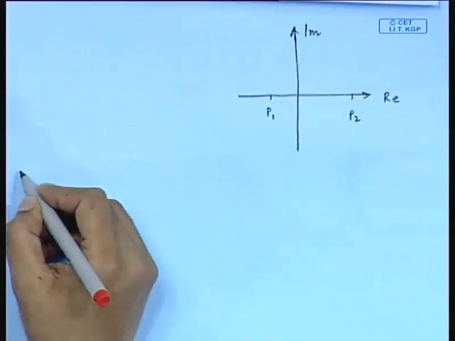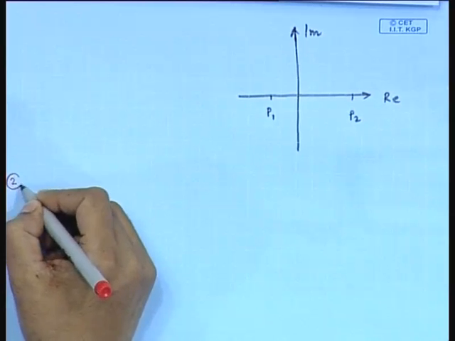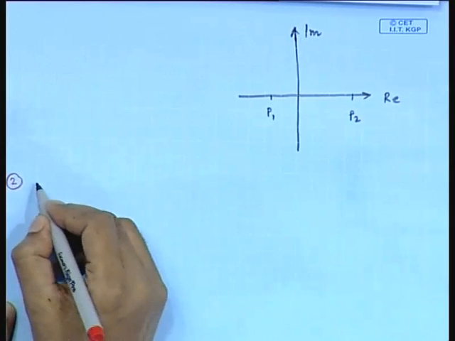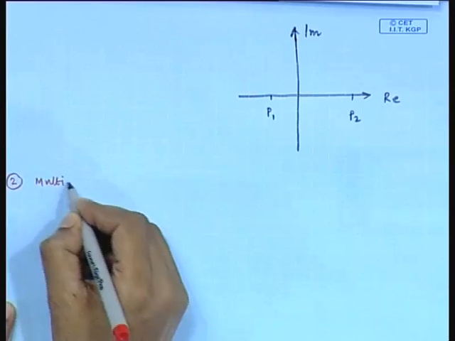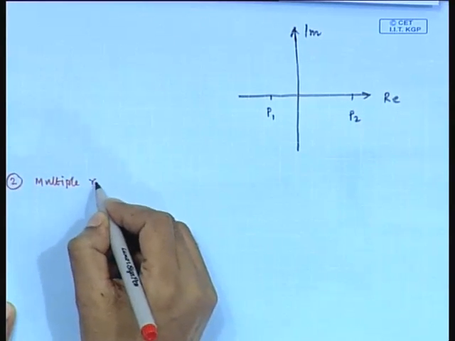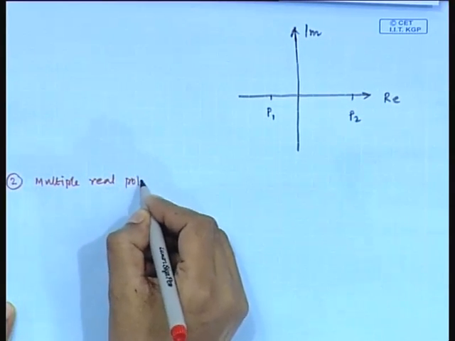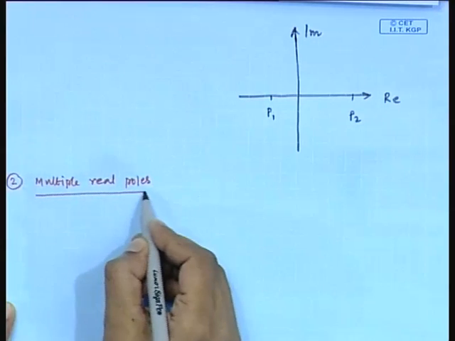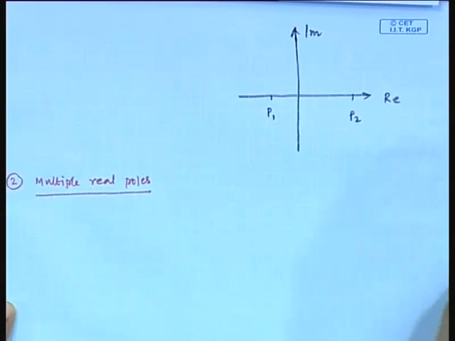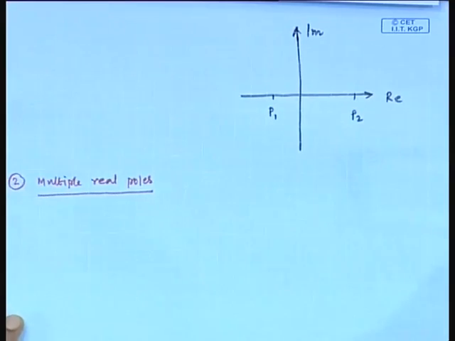In the second case, we will consider multiple real poles. That pole is here P3 and that is repeated m times.